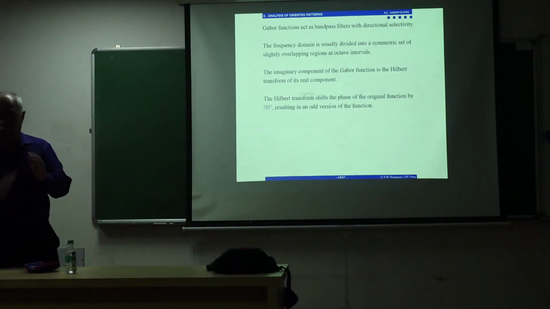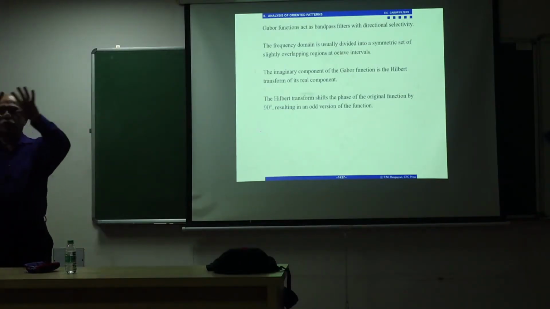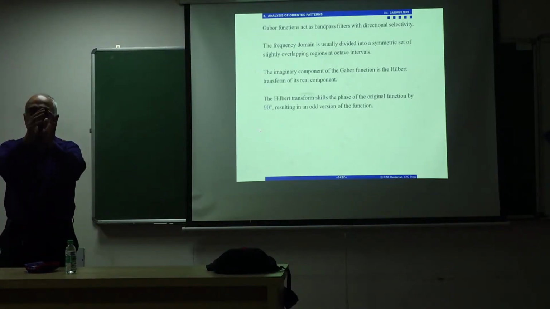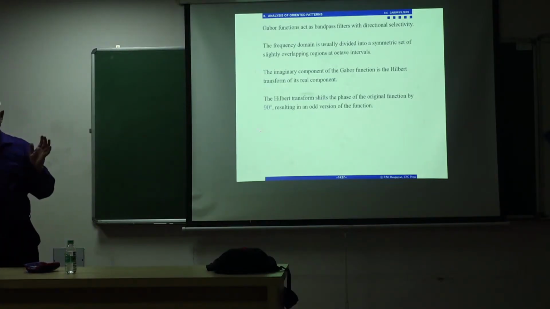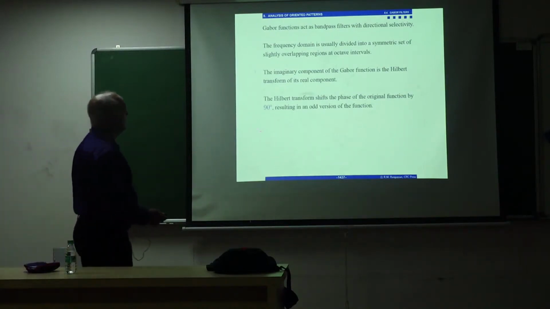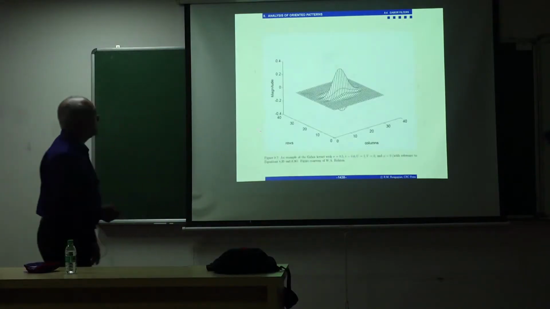I showed those ellipses in the frequency domain. You want to span the full frequency domain and you want to allow overlap between the adjacent Gabor filters so that you don't miss components in between. I'll skip some of these other details.